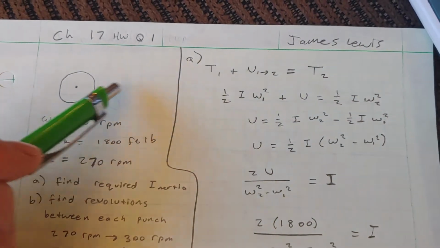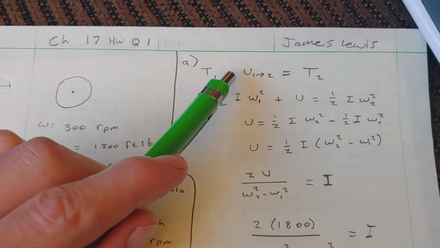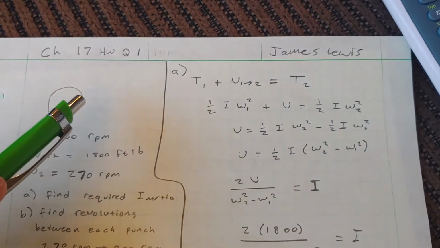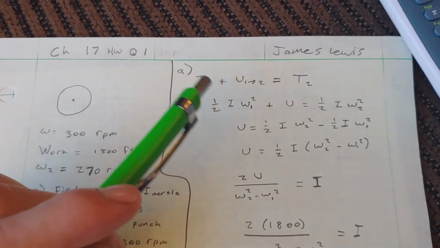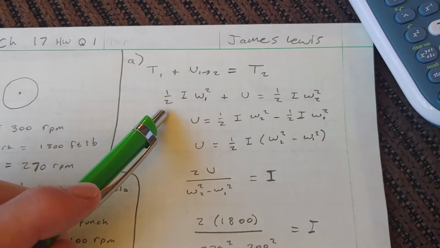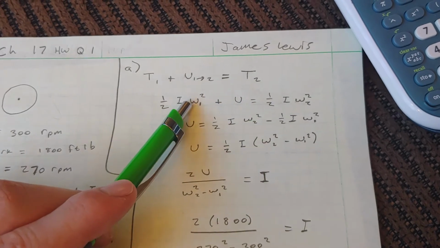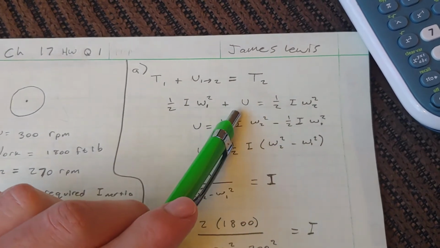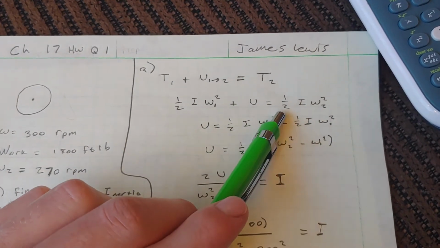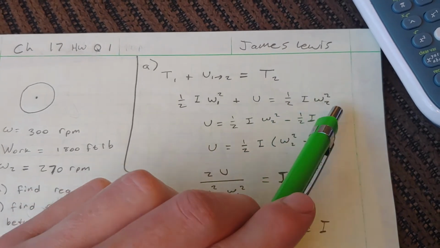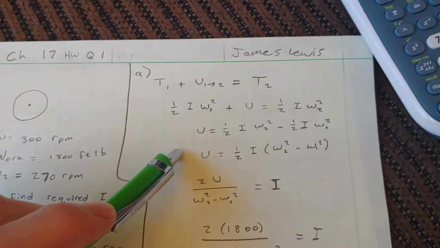We're not putting any potential energy or elastic potential energy because there are no springs or gravity involved in this. So we have our 1/2 inertia angular velocity squared plus our work equals our 1/2 inertia W2 squared.